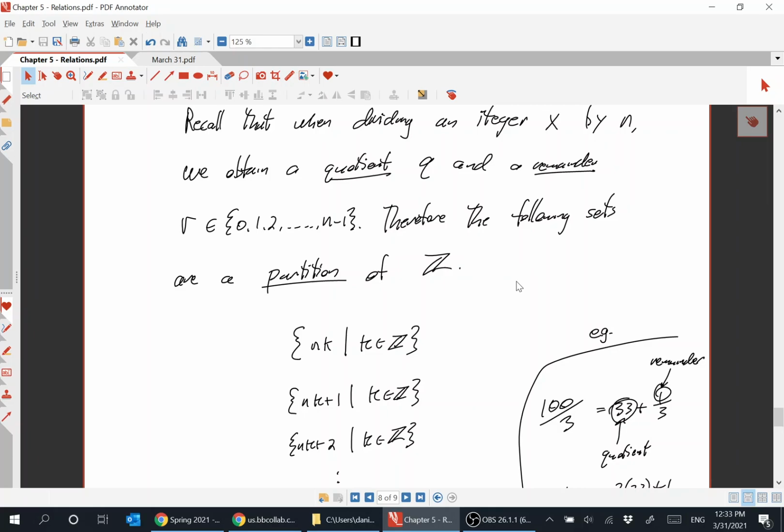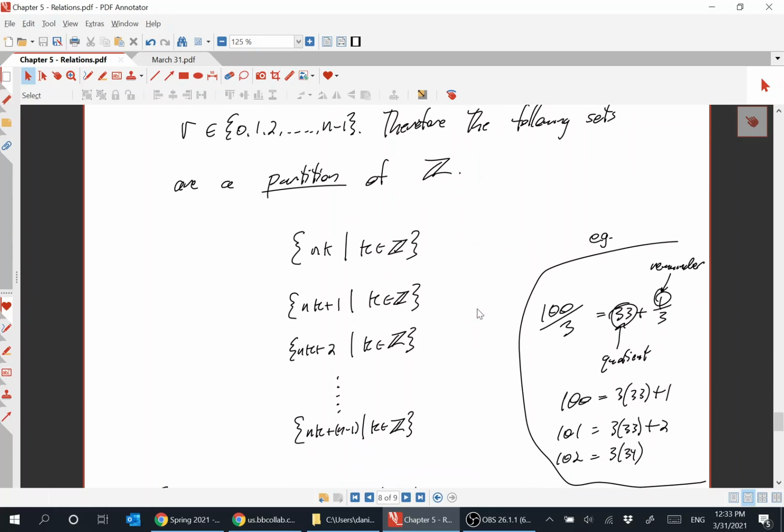Whenever you divide, and you don't want to use fractions, you just want to use whole numbers, you get a quotient and a remainder. So like 100 is quotient 33, remainder 1. So the following sets are a partition of the integers: everything that's got remainder 0, everything with remainder 1, everything with remainder 2, everything with remainder n minus 1.